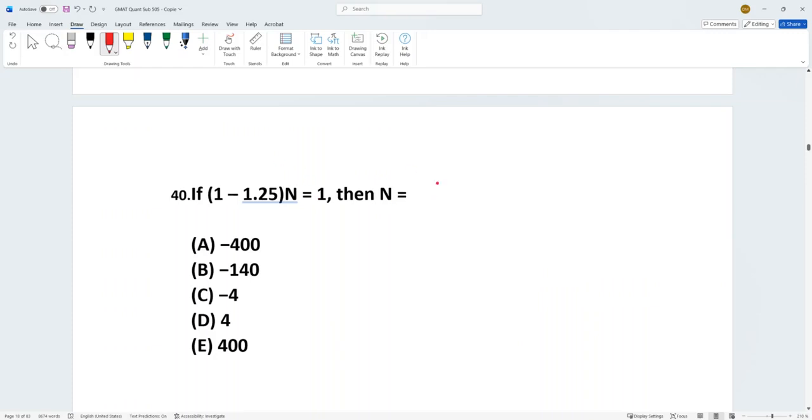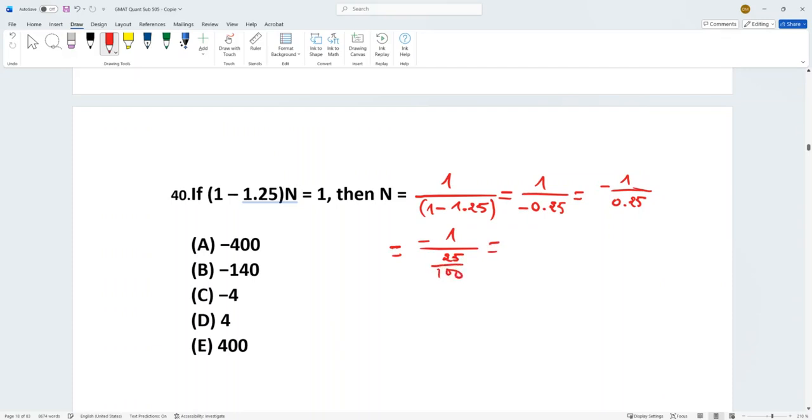So n will be equal to 1 over 1 minus 1.25, which is 1 over minus 0.25, which is equal to minus 1 over 0.25. 0.25 can also be written as 25 over 100, so this is minus 1 times 100 over 25, which is minus 100 over 25, equal to minus 4.